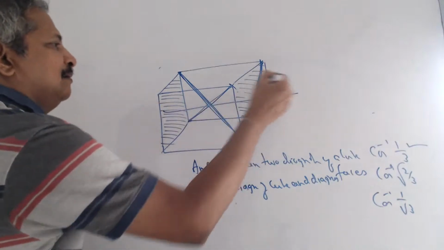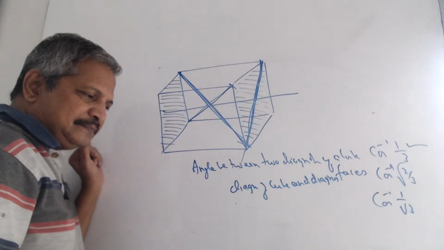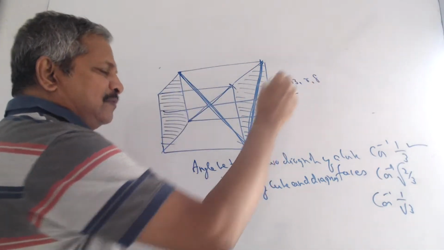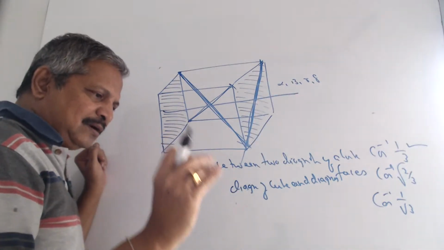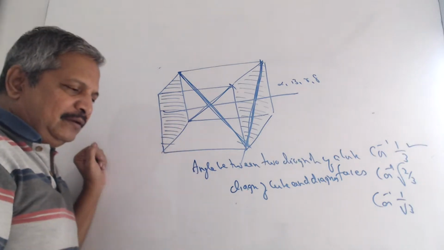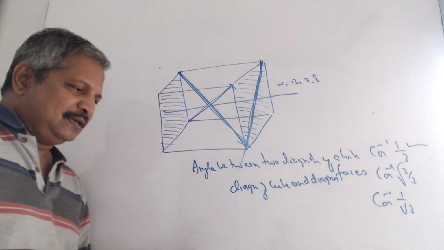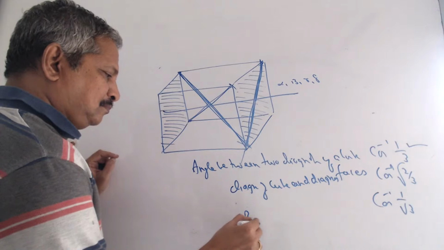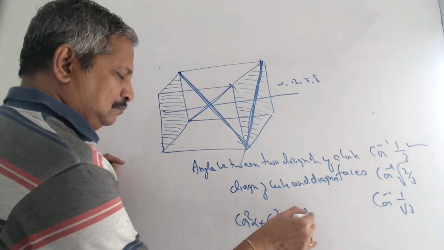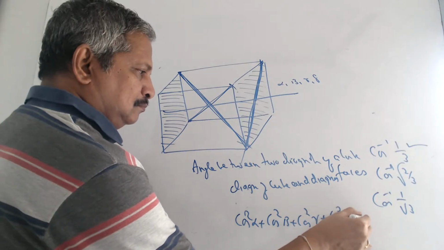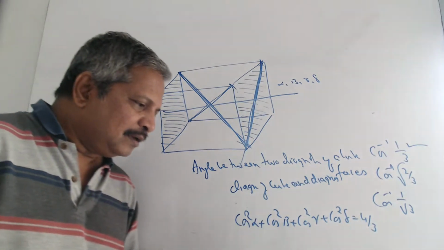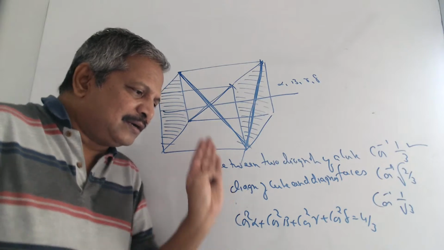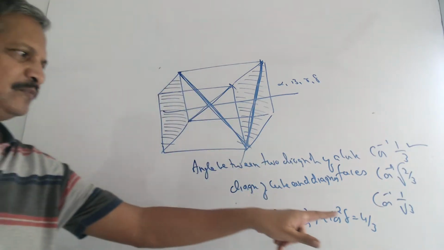If a line is there which makes alpha, beta, gamma, delta angles with the 4 diagonals of a cube, then the sum of cos square is 4 by 3.